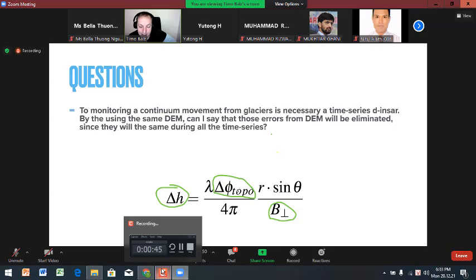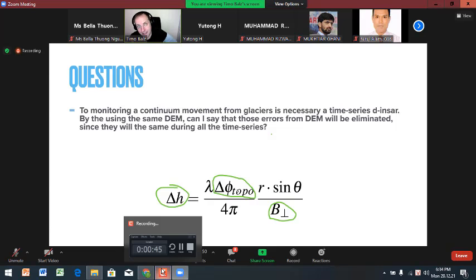If you have many examples, you can then estimate the height error using that information. If you identify the height error, then, because you know the baseline, you can calculate the topographic phase error and remove it.